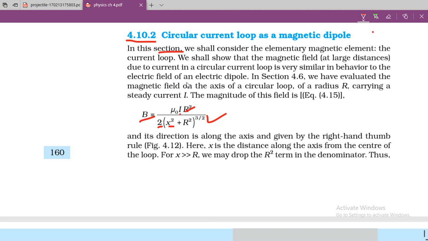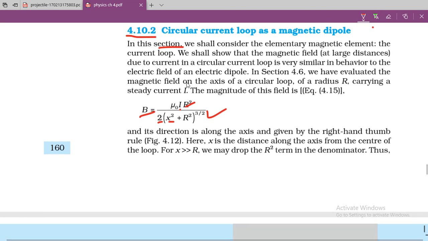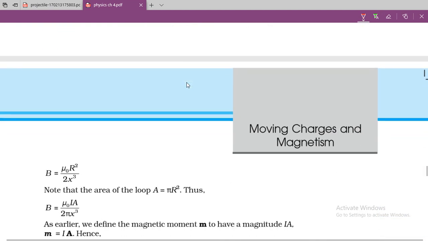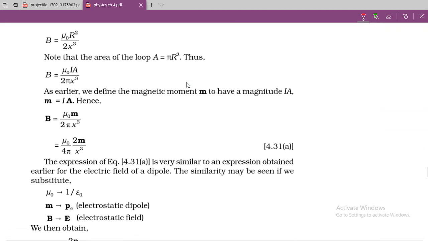For very large x, suppose x is greater than capital R, we may drop the r square term in the denominator. So for x larger than capital R, we may drop the r square term in the denominator, and thus B is equal to mu naught I r square upon 2x cube.